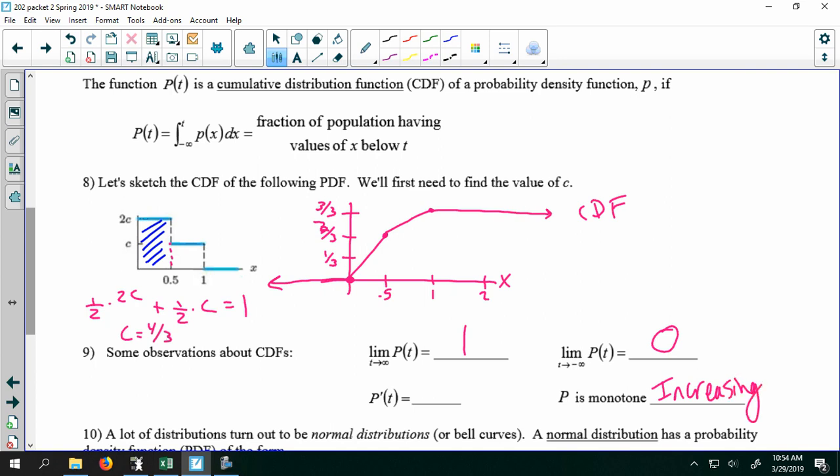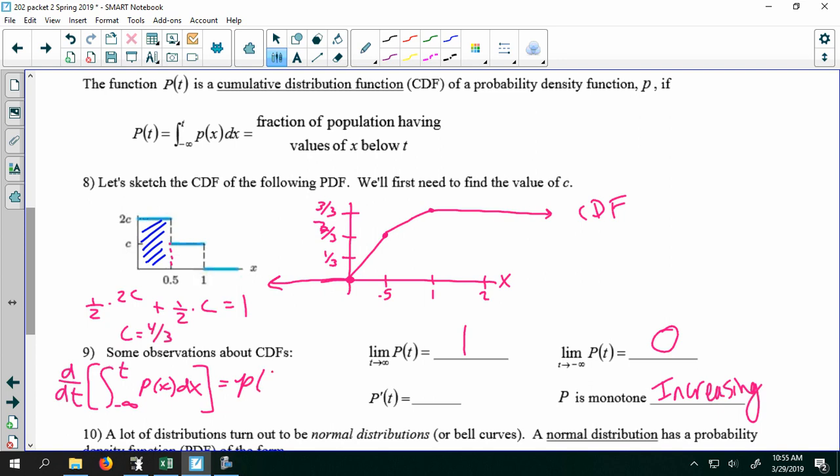Okay, and then for P prime, we have to remind ourselves about the fundamental theorem of calculus part 2, the weird one that we don't use very often. So if I want to take d/dt of the definition of P of t, d/dt of the integral from -infinity to t of p of x dx. So the fundamental theorem of calculus part 2 said for any number up to t, when you take the derivative, it's just the function, but you change the name of the variable.